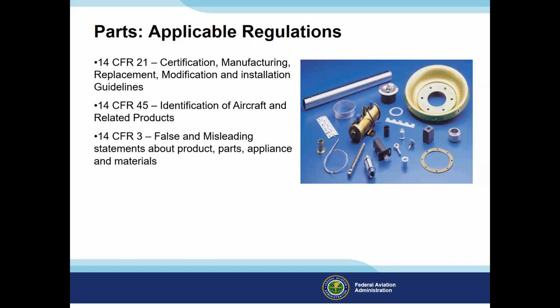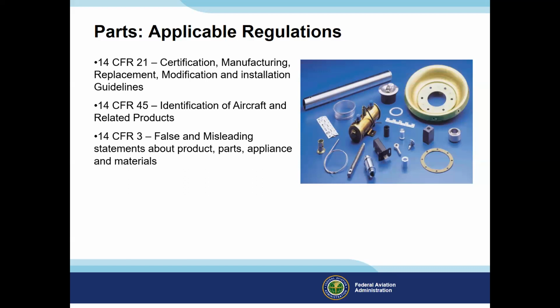FAR Part 21 covers the manufacturing, replacement, and modification criteria for aircraft parts. FAR Part 45 covers how parts are marked for use in an airworthiness determination. So we're giving you ideas of what you can look for when you purchase parts to determine, are these really what I think they are, and am I eligible to install them in my aircraft as an approved part?